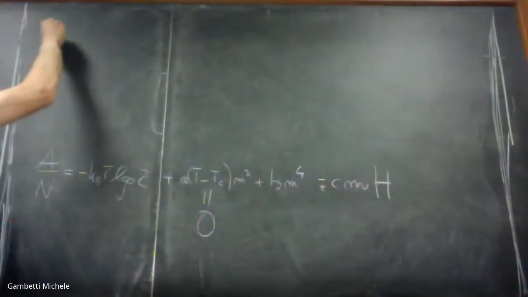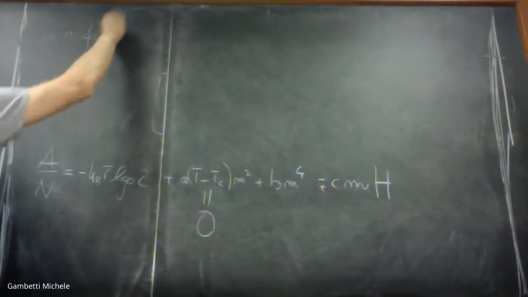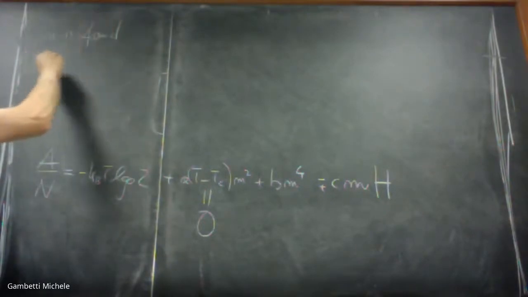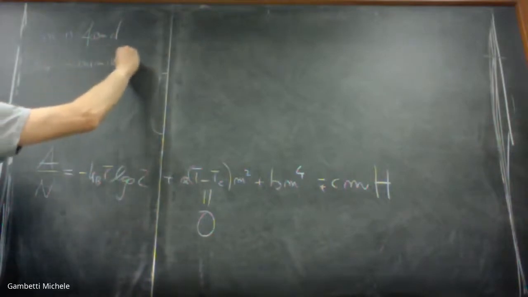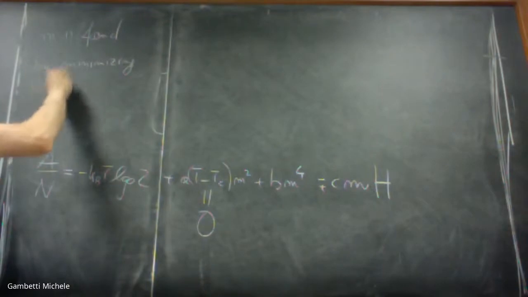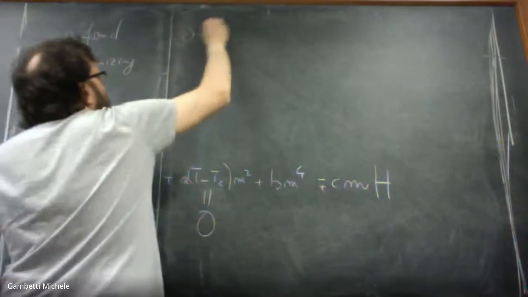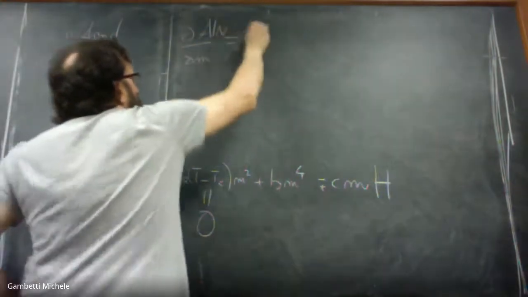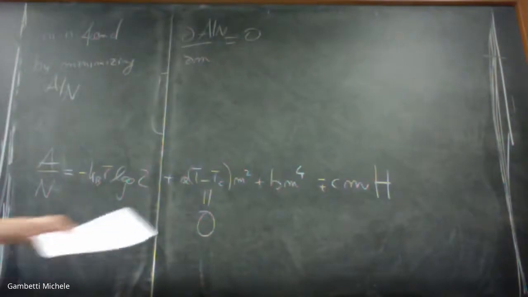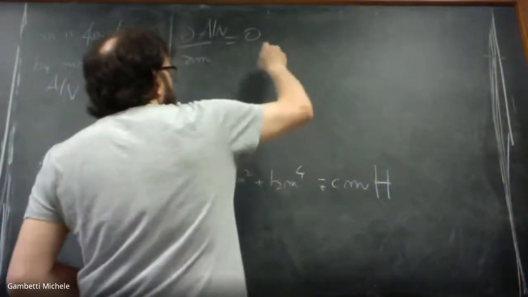So m is found by minimizing a divided by n. Therefore, I will put the derivative of a with respect to m equal to 0. When I do that, I get a quartic term, which becomes a cubic actually.